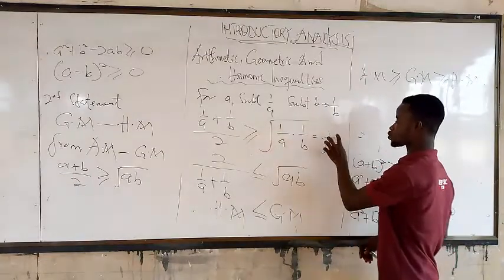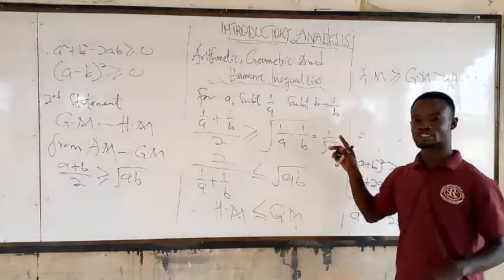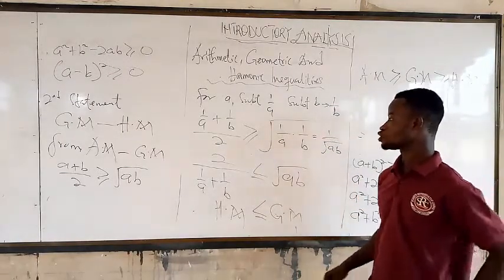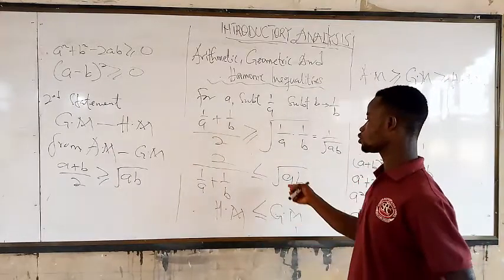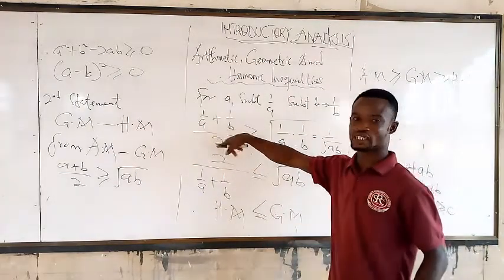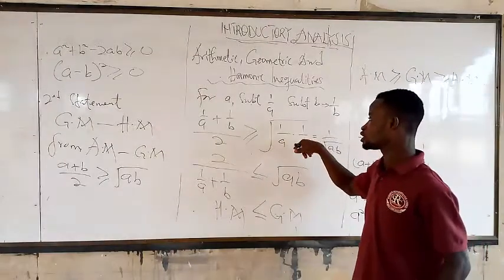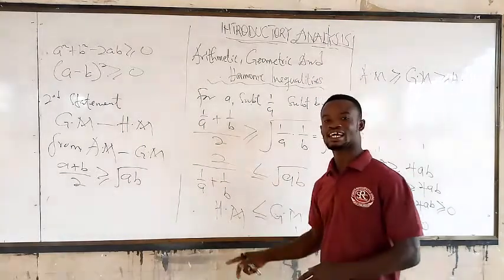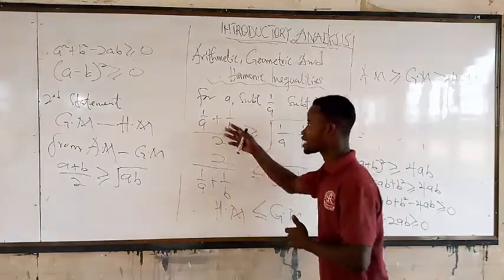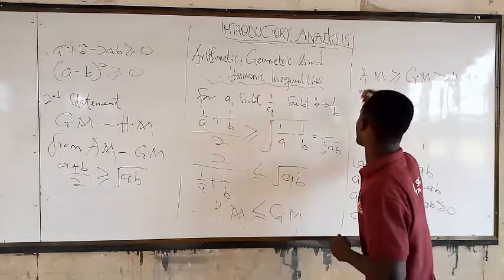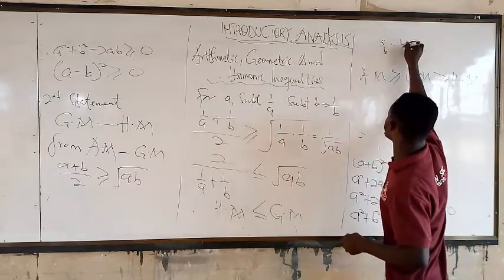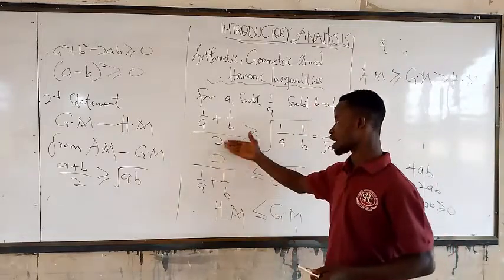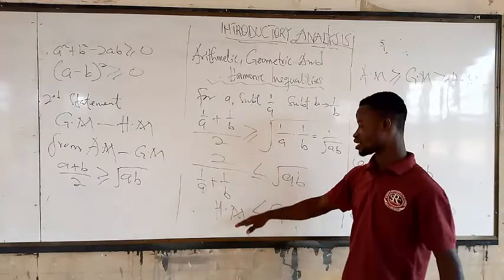The square root of 1 is the same as 1. Here we want to transform this to a harmonic mean and this to a geometric mean, so you have to take a reciprocal of it. When you take the reciprocal of ab, you get ba. In the same way, when you take the reciprocal of this, the 2 will come up and this one will come down, and that establishes the harmonic mean.